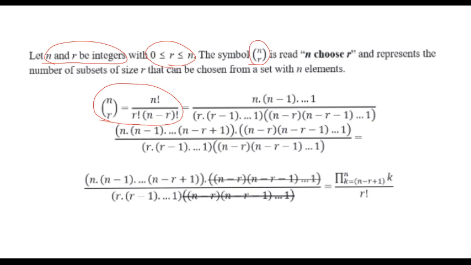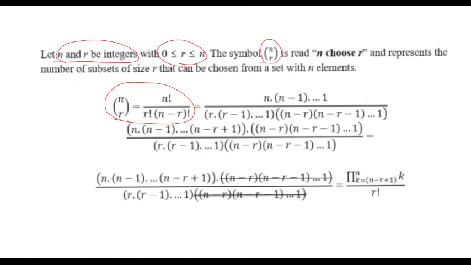So n choose r is equal to a quotient where the numerator is n factorial and the denominator is r factorial times n minus r factorial.